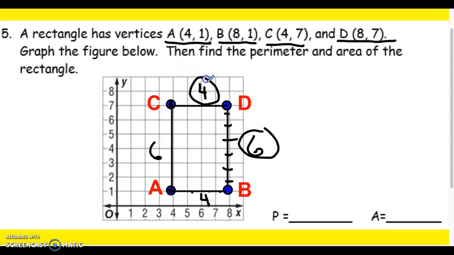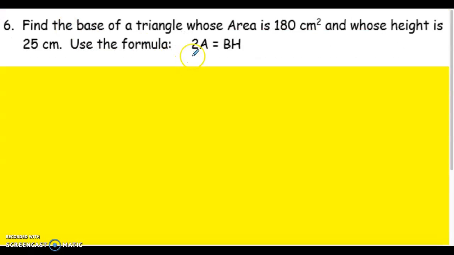And I would label that units squared. So whatever my answer is that I get when I multiply, units squared. And perimeter, when I add up 6 plus 4 plus 6 plus 4, it's whatever that answer is, just units.